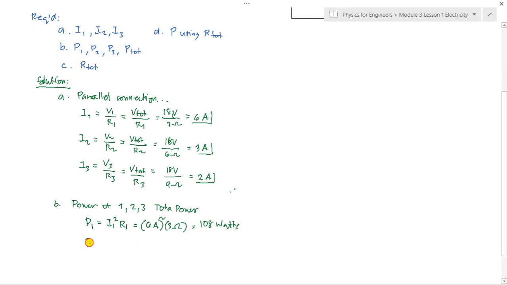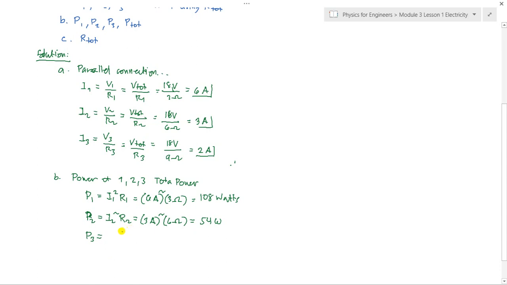Next is P2. This is I2 squared R2. So this is 3 amps squared, and R2 is 6 ohms. This is 3 times 3, 9, times 6, 54 watts. Then P3 is equal to I3 squared R3.